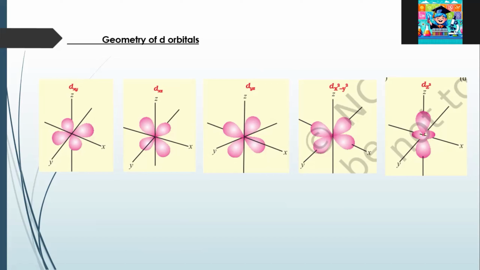This geometry, the position in which these orbitals are, plays an important role. Three are in between the axes and two are along the axes. That is the main difference. So these three will have the same kind of splitting, and these two will have energy different from the first set.